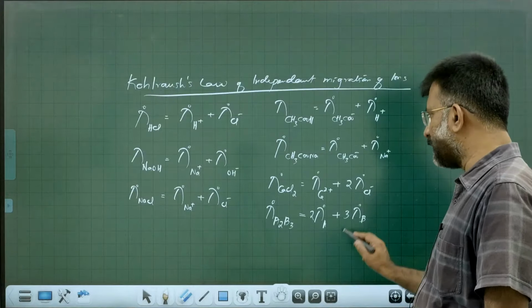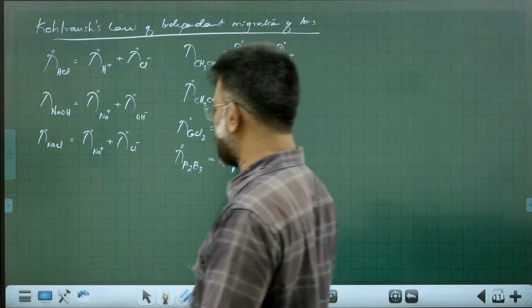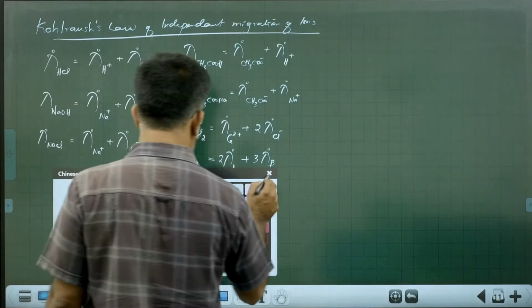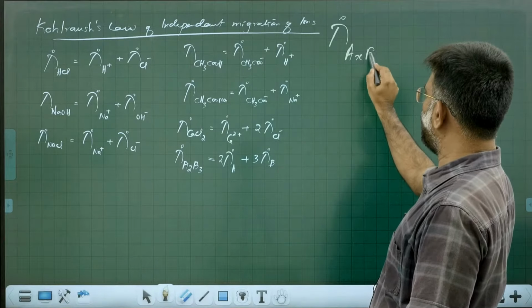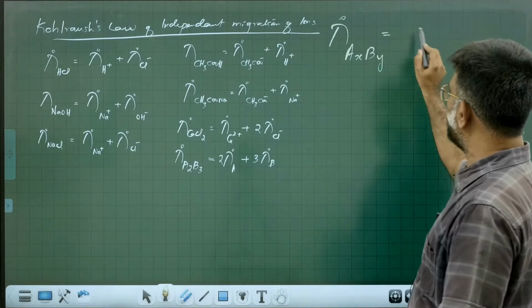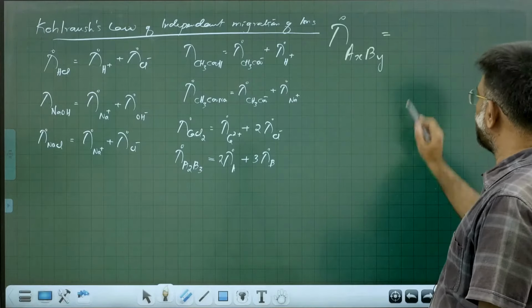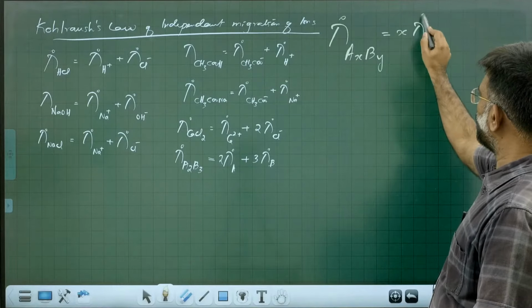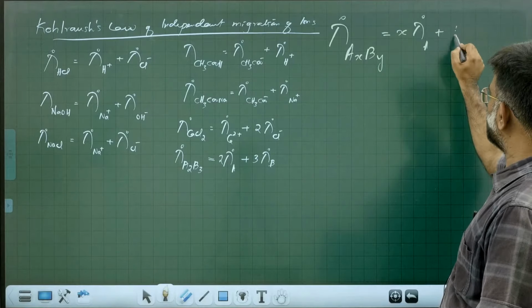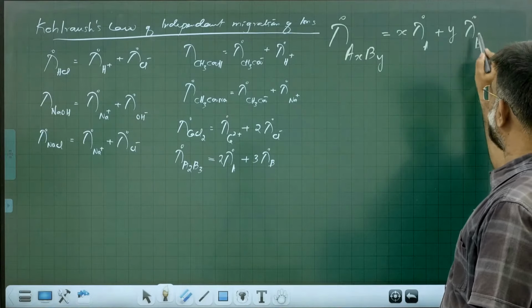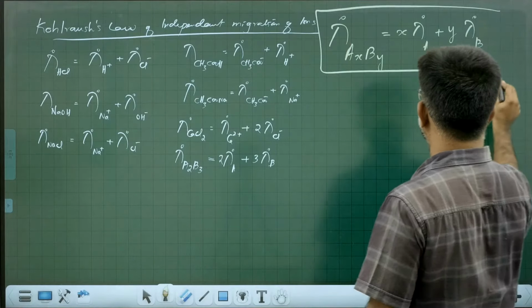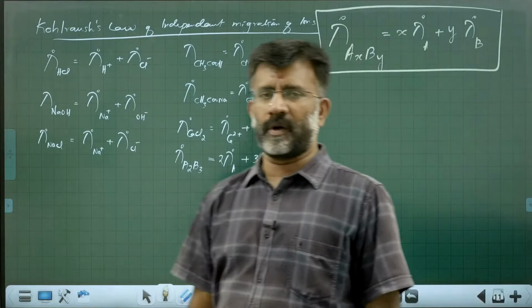This is Kohlrausch's law. What about lambda naught for AxBy? It is x times lambda naught for A plus y times lambda naught for B. This is the formula which is called Kohlrausch's law.